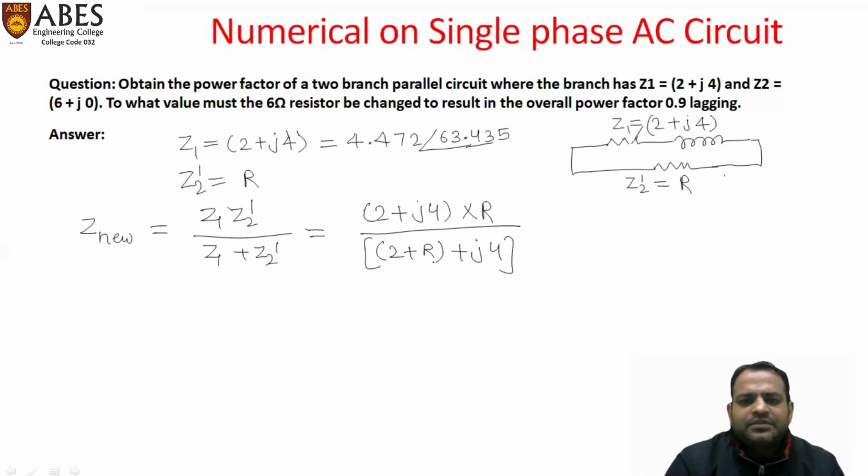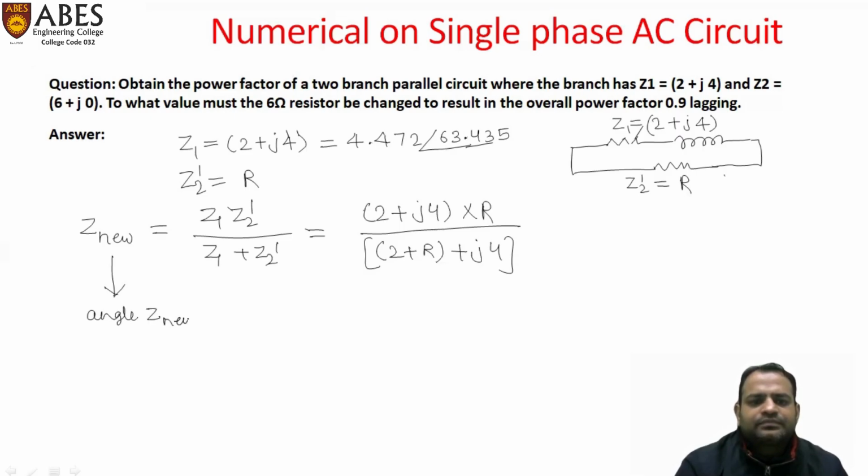So we have three terms, two in numerator and one in denominator. And in angle form, we are writing only the angle of this Z equivalent. What is the angle of this?